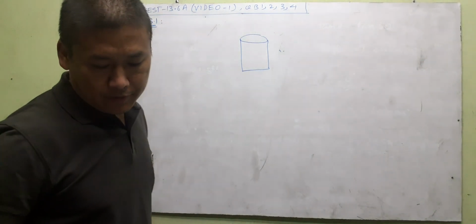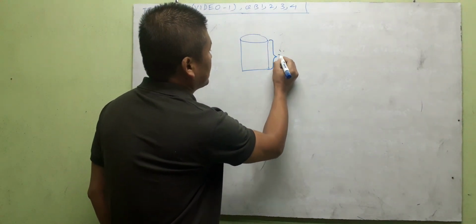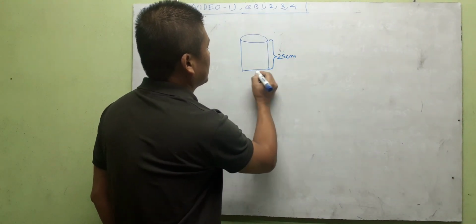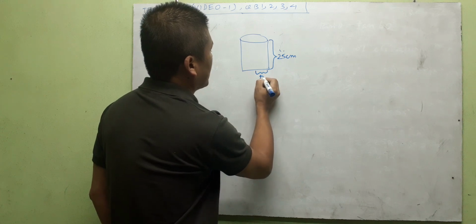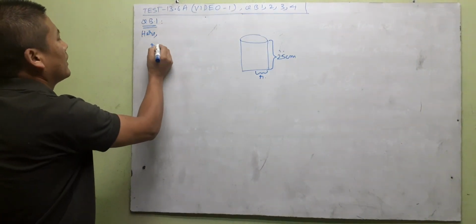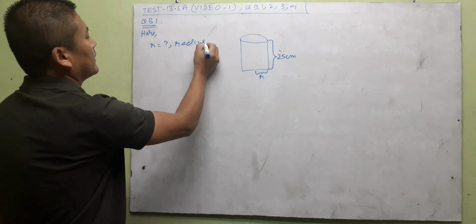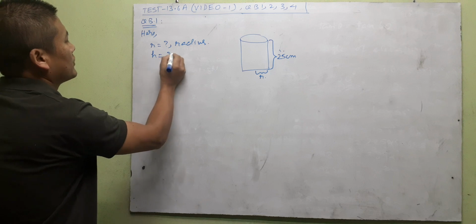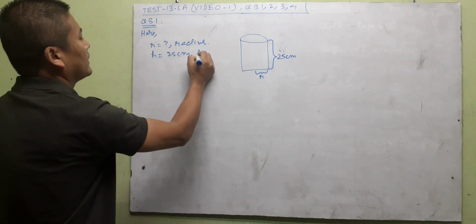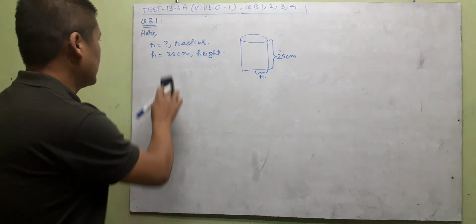The question is clearly mentioning that the height is given. That means from here to here, 25 centimeter. The radius is unknown yet. So here we can just write r equal to question mark is the radius of this cylinder, let us say. h is 25 centimeter, clearly given as its height.